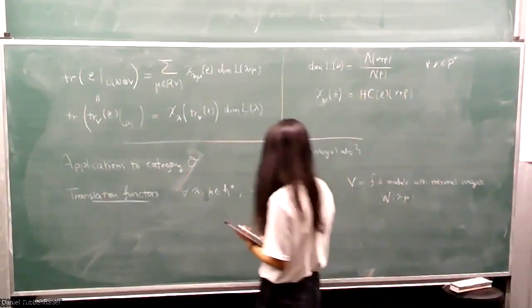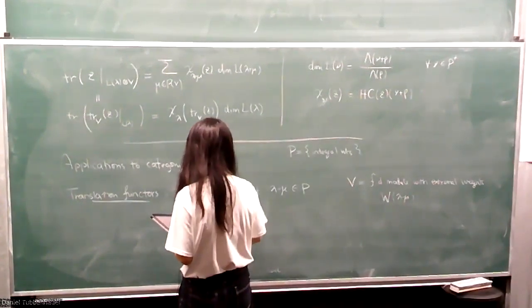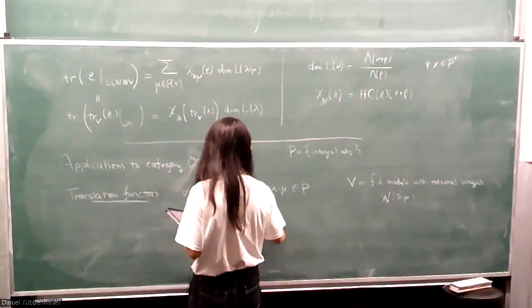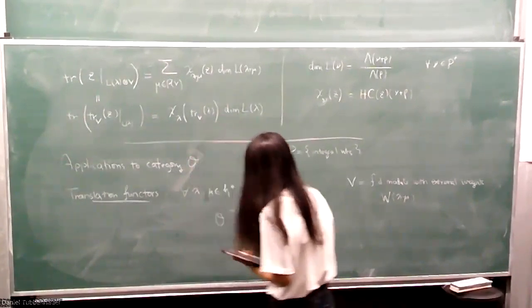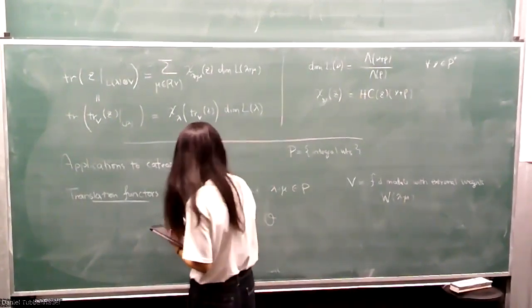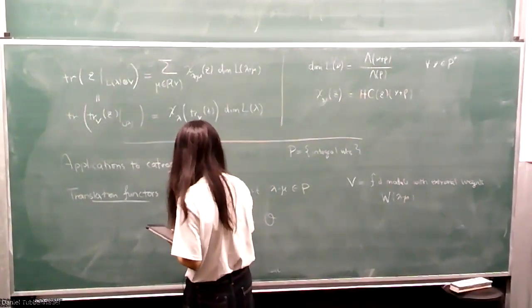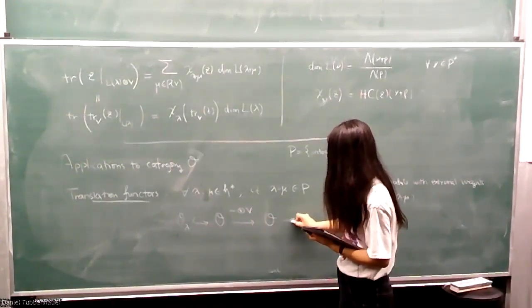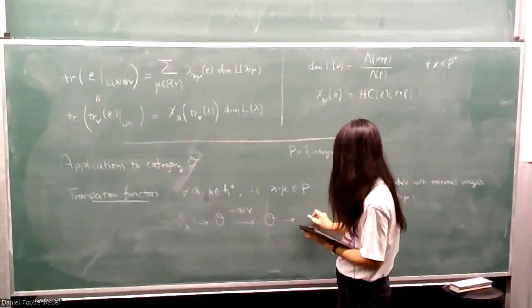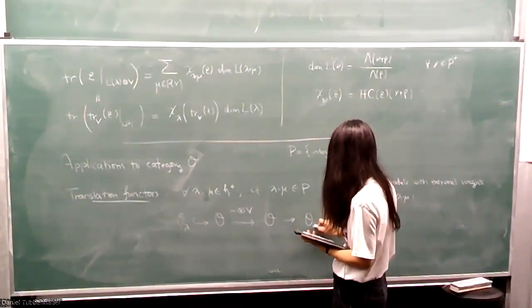And then you can construct the following functor. As we explained, tensoring with a finite-dimensional representation sends O to O. But here you have a block decomposition of O, and since it's a direct sum, you can also project to the block here.